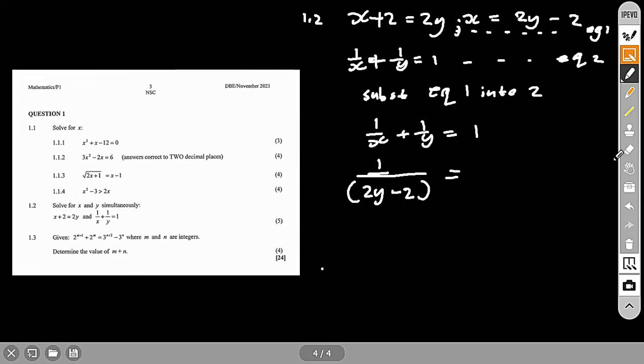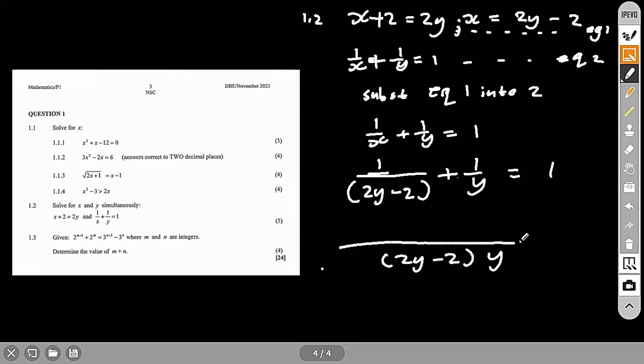Okay, it's not equals to, it's plus 1 over y equals to 1. Yeah. So at this stage, what do we do? We have fractions here. You can just take out a common factor, and then the common factor is 2y minus 2 and y. You take out the common denominator.